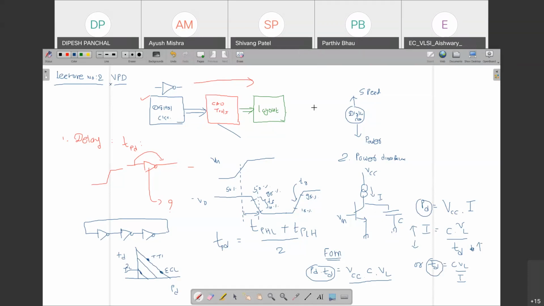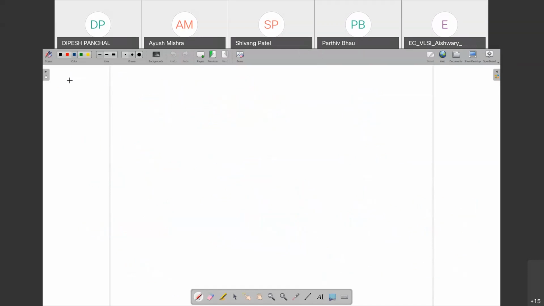So let us take one example. All of you write down C equal to 50 femtofarad. We take some numbers. C is my capacitor, which is 50 femtofarad.